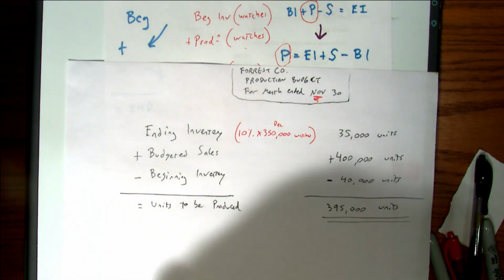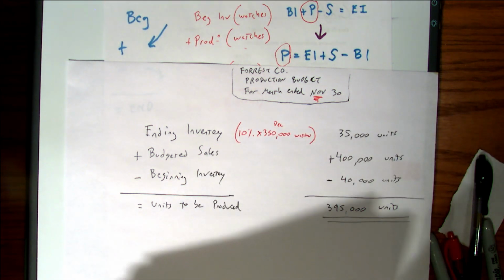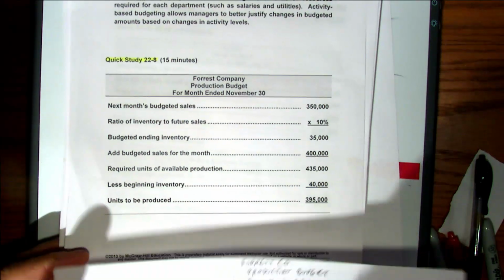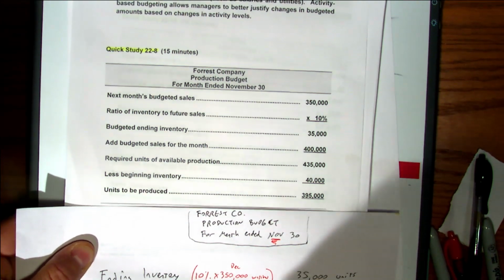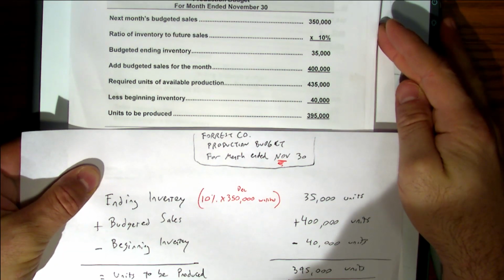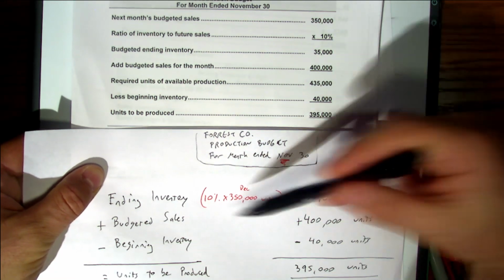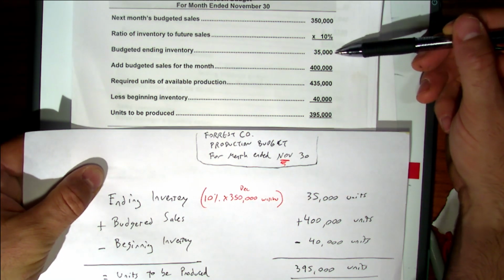All right? Now, if you look at what the book did, theirs looks a little different. They do that 10% times 350,000 up top, but then they have their 35 plus 400.